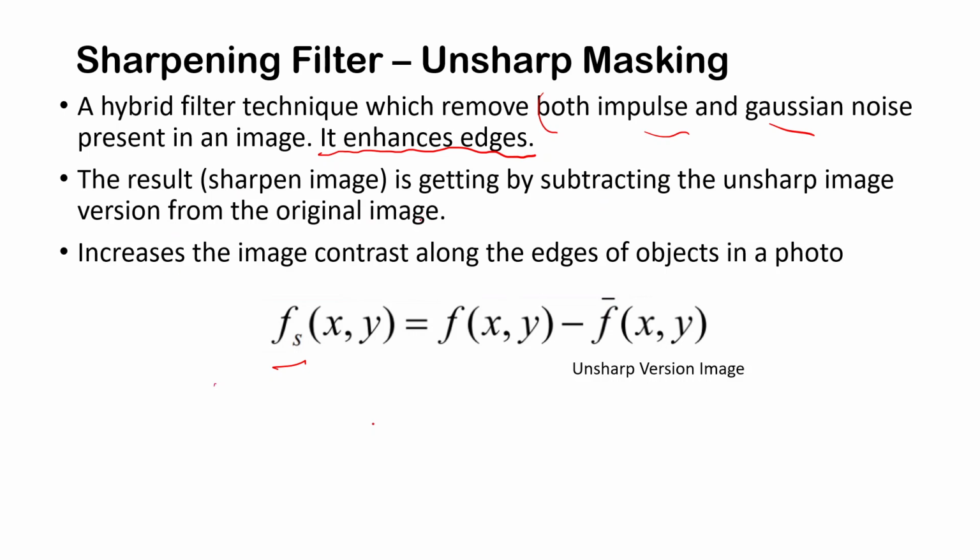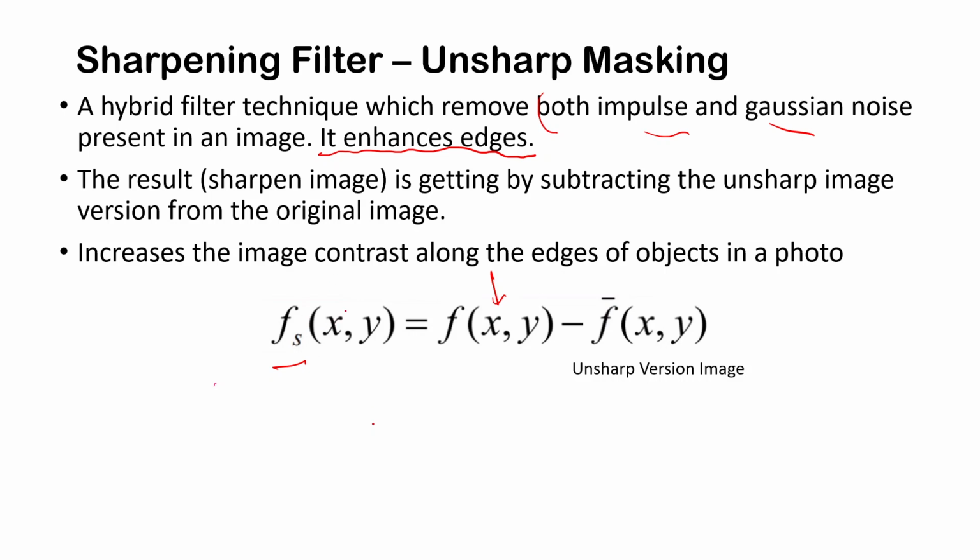So you have the image here, and when you blur the image, you subtract the blur from the original image. It's a bit different from the Laplacian sharpening filter just now. So you have to blur the image first, and then subtract it from the original image, and then you get the unsharp masking here.